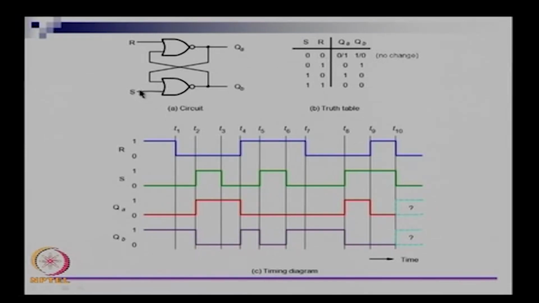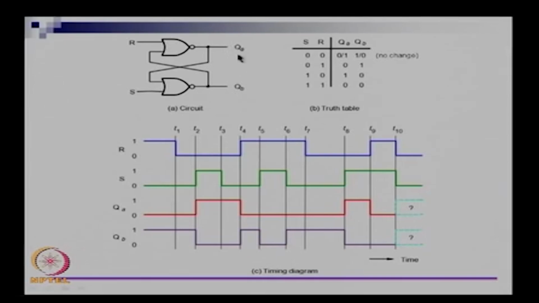So if both S and R are 0, what would happen? Because R is 0, QB OR 0 would be QB complement. So R is 0, S is 0, and let us assume that QA is 0 and QB is 1 for a while.